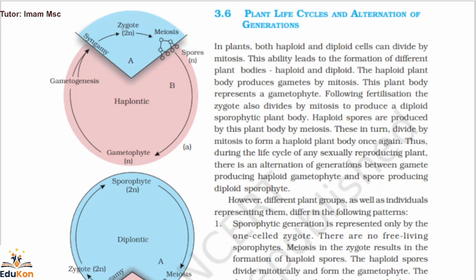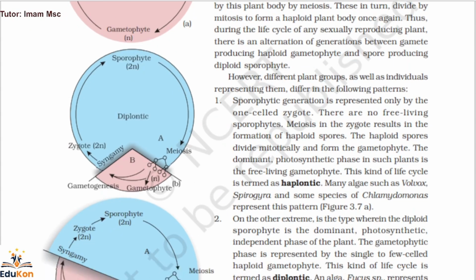What are the important points to remember? Here the sporophytic generation is represented only by the single cell zygote. That may be one option. Again, there are no free living sporophytes. That may be the second option. Again, meiosis in the zygote results in the formation of haploid spores.